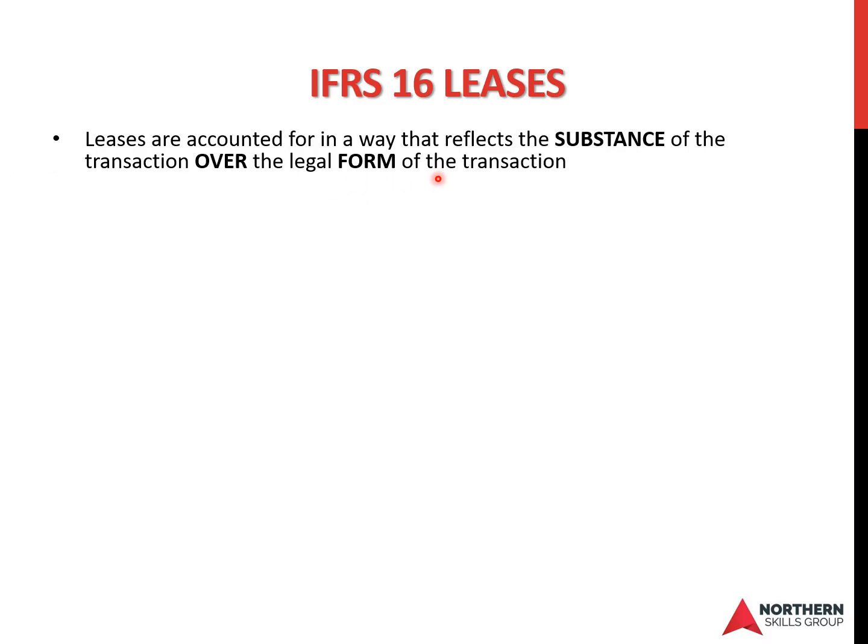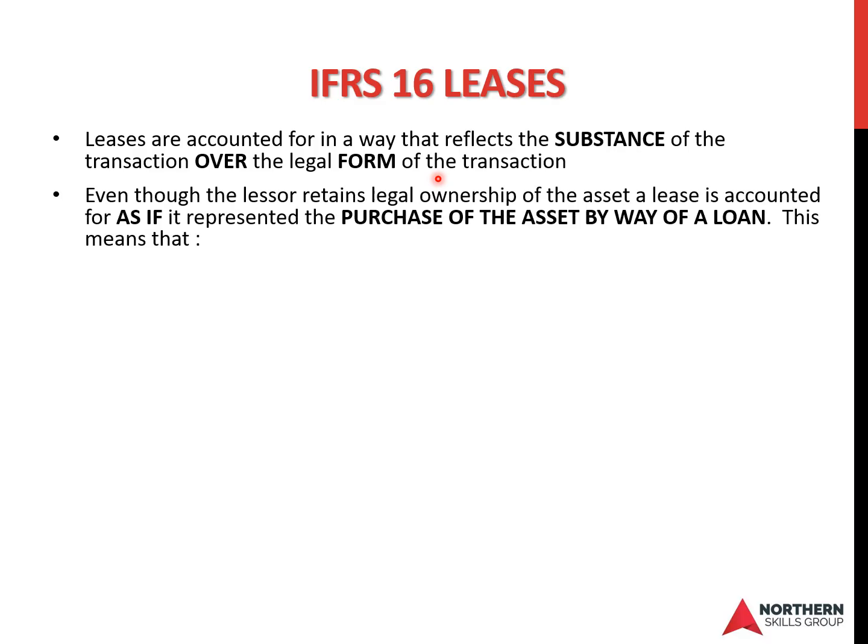And if you remember, although depending on the terms of the lease, the company renting the item never actually legally owns that item, for accounting purposes it's treated as if they do, and the transaction is treated as if the lease agreement was the purchase of the asset by way of a loan.